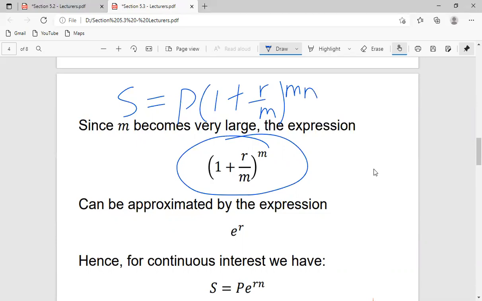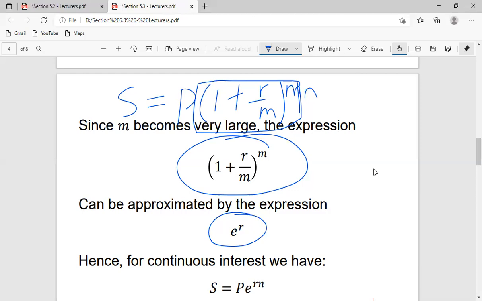This part with the m is then replaced with the expression e to the r. We use this exponential expression to approximate the interest calculations in situations where m is extremely big to handle using the usual compound interest formula.